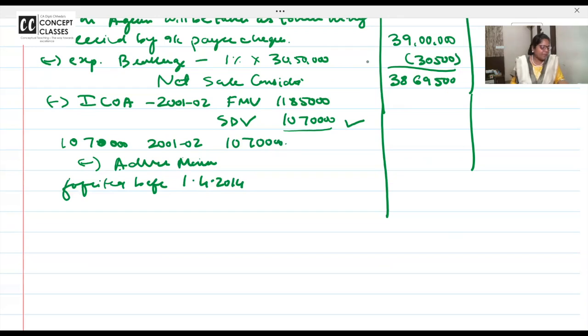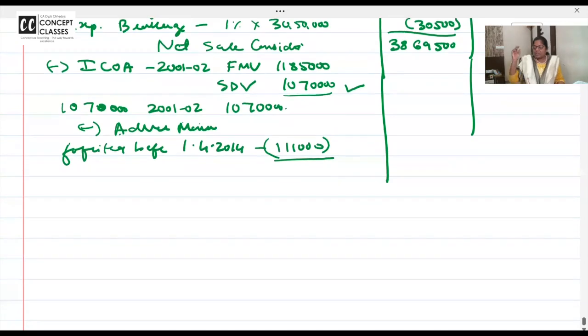He sold the property to Mohan and received the token amount in April 2008, 1,11,000. Will we reduce or not? 1,11,000 from 10,70,000. Very nice adjustment: as advance money is forfeited before 2014, reduced from the cost, and only on the net cost you should do the indexation.